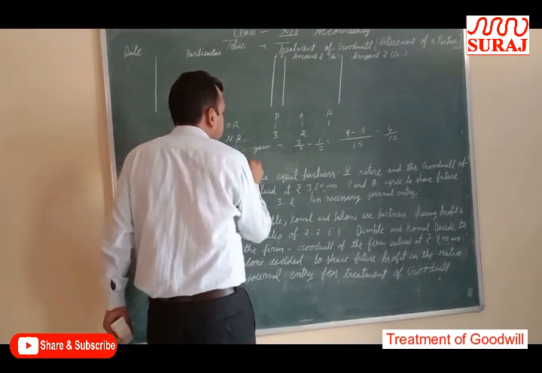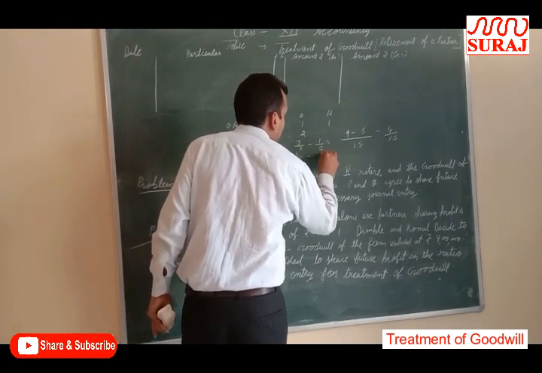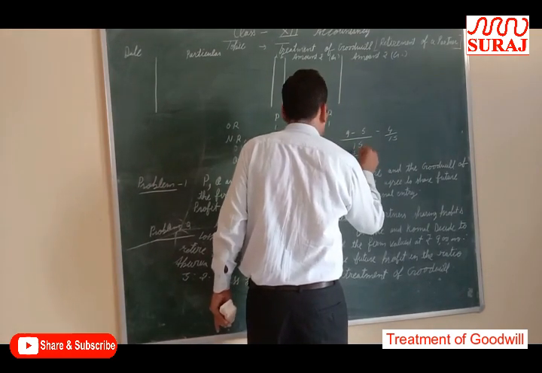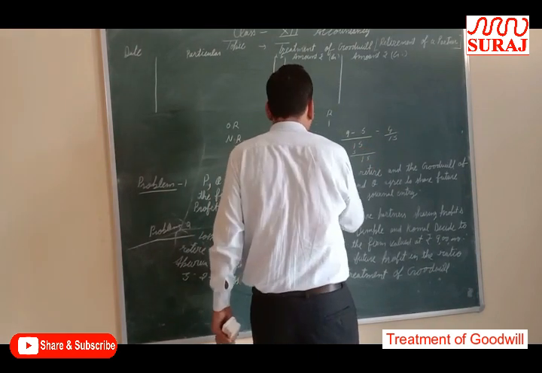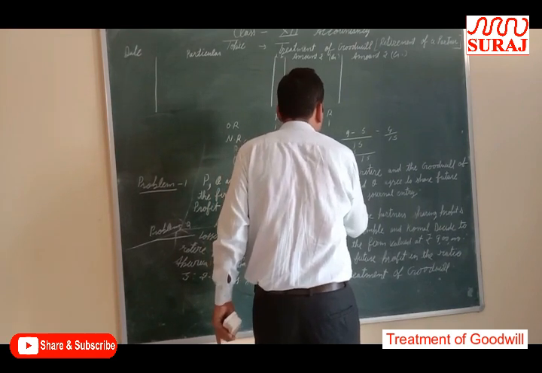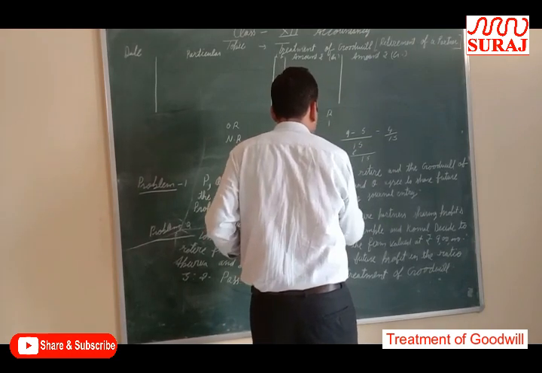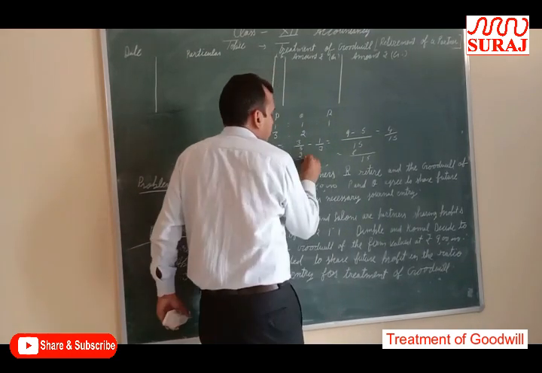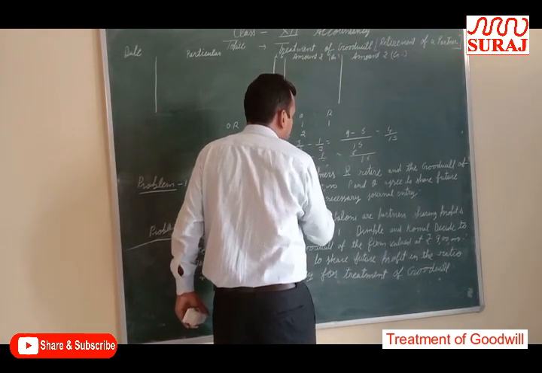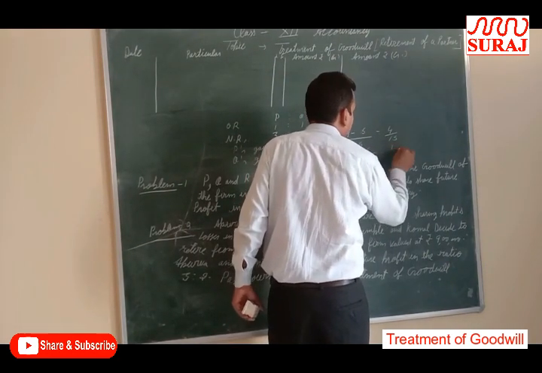Q's gain is 2/5 minus 1/3. LCM 15, 6 minus 5, result 1/15.